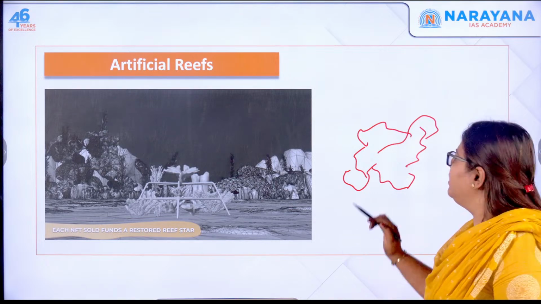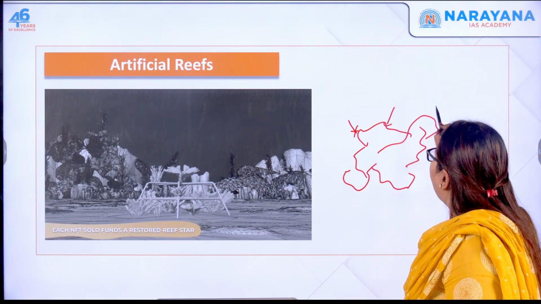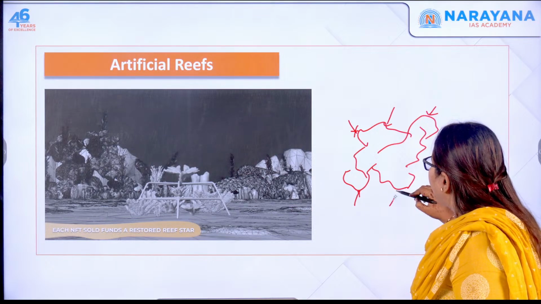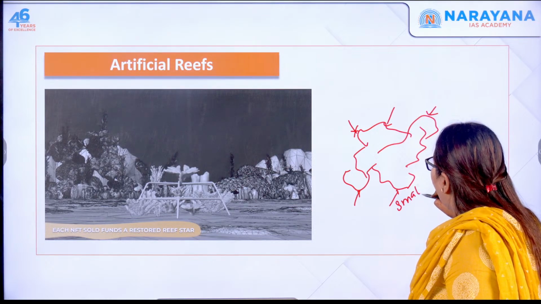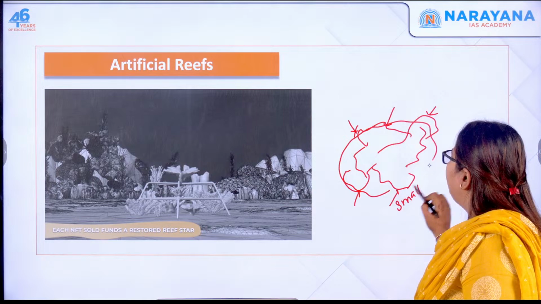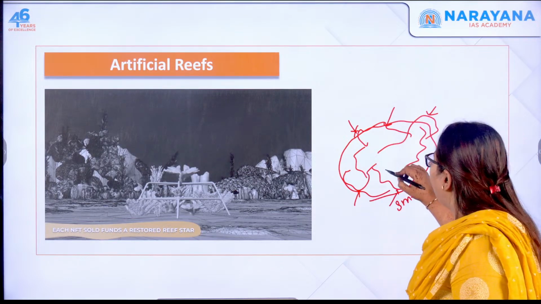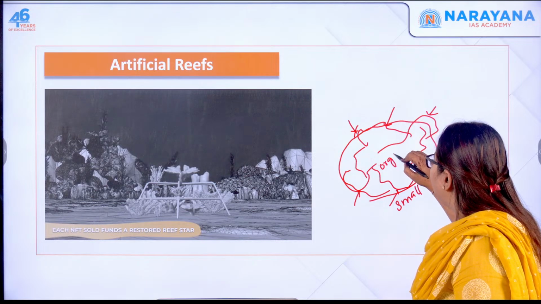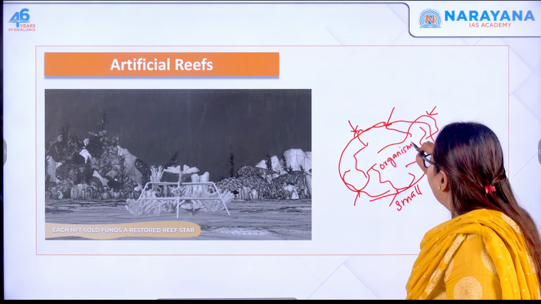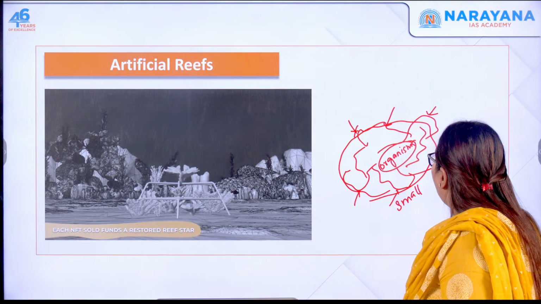After that, what happens? It will be encrusted with algae and other small living organisms, and eventually it will be inhabited by a number of organisms, and hence it becomes a kind of coral ecosystem.